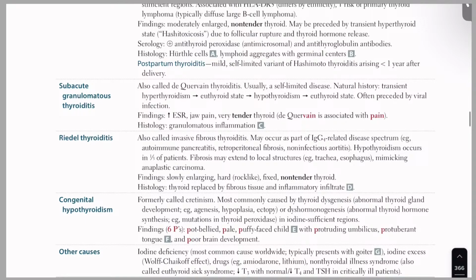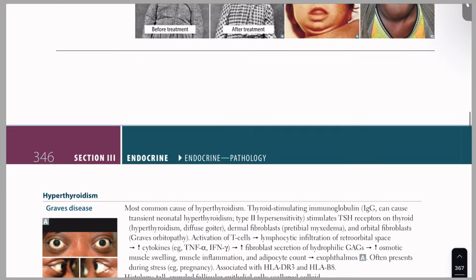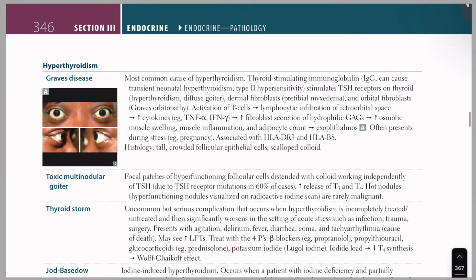In hypothyroidism, we saw the main diseases, main clinical presentations, differential diagnosis. In the next session, we'll start from hyperthyroidism. See you all in the next session.